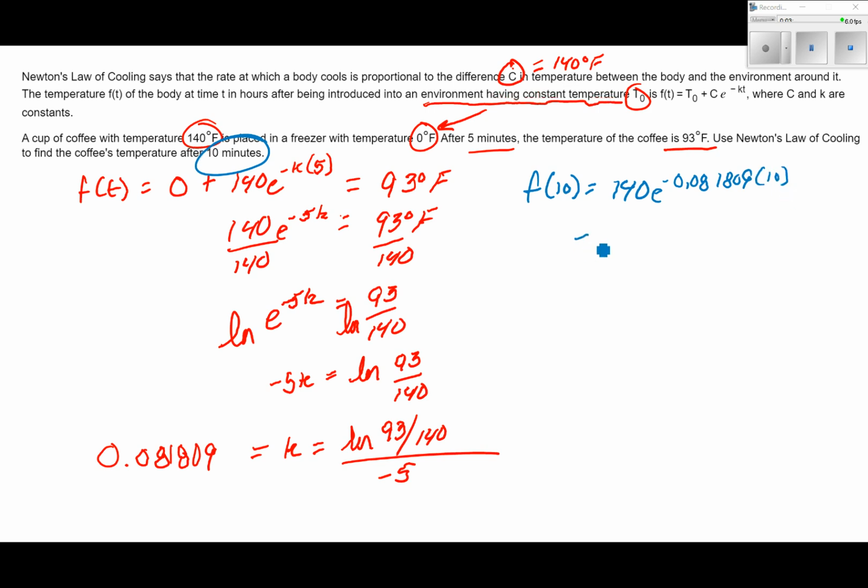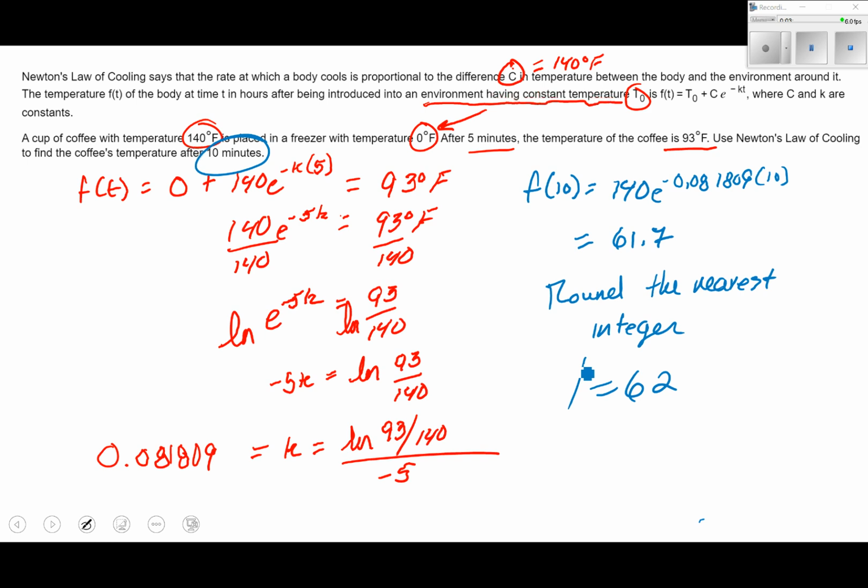If we plug that into our calculator, we get 61.7, and it says round to the nearest integer. If we round that to the nearest integer, we end up with 62. So the answer on this one ends up being 62.